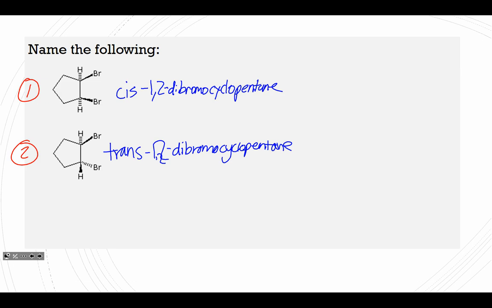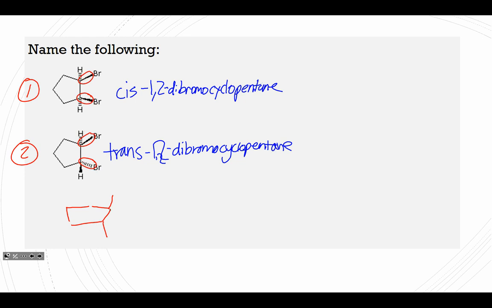Whoa, hold on, why? Okay, so because of this right here, they're the same here, both coming out. So that's cis. Here they're different, so they're going like the Egyptian. They're going to be opposite, so that's trans. So if you looked at this sideways like this, one would be going up and the other one would be going down.